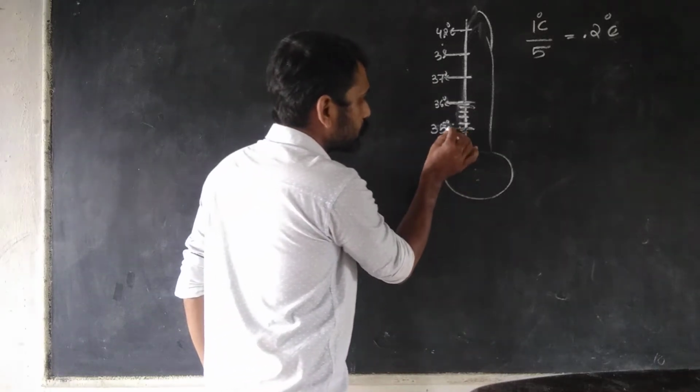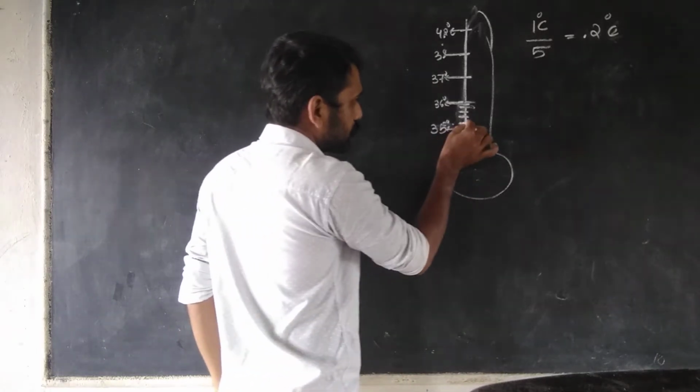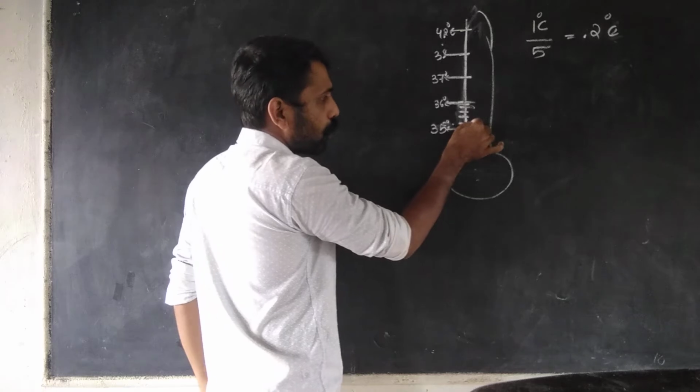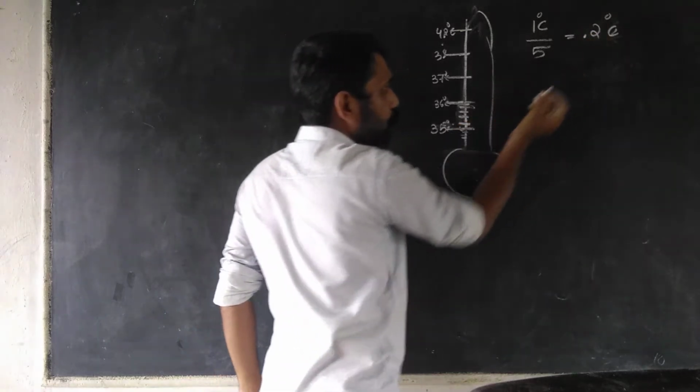So this is 35, and 1 small division is 0.2 degree Celsius.